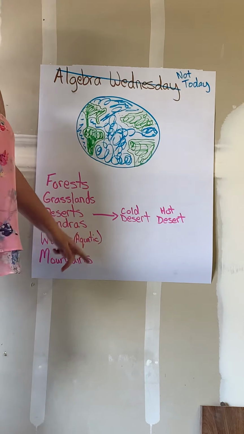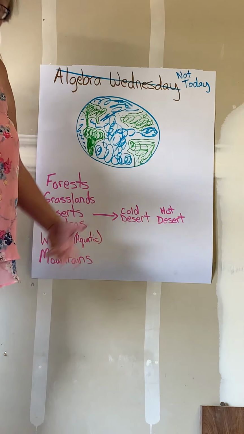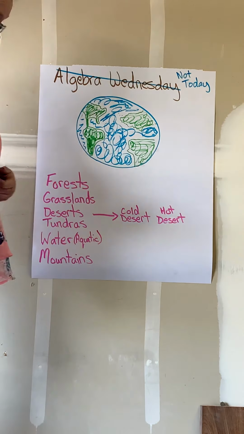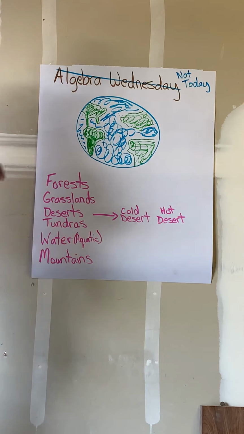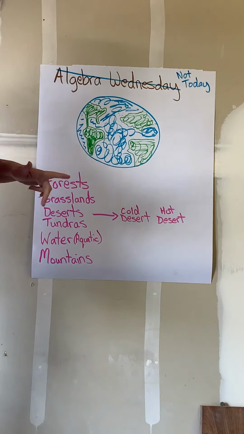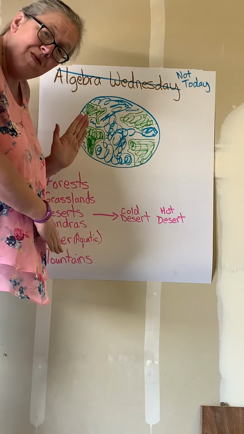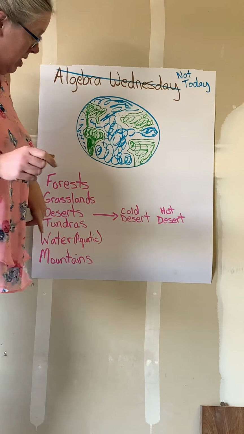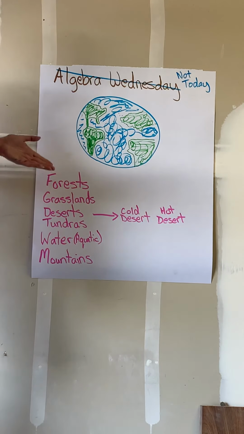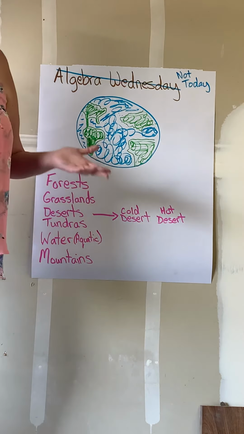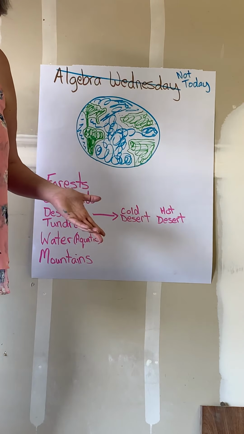So when they say aquatic ecosystem, it's a water ecosystem. And then we have mountains, okay? Now, I thought the first ecosystem we should talk about is the desert, because we live in a desert.